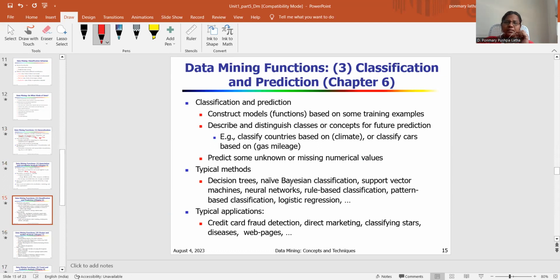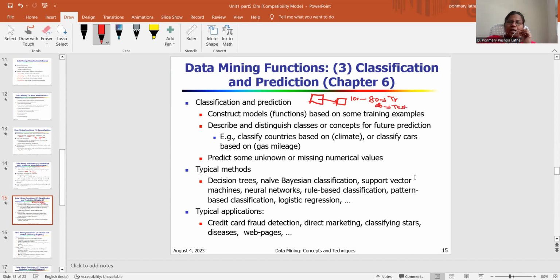The next one is classification. Classification is where you take a set of data and from it you predict something. For example, 100 is our data. In this, 80 we take as training data and 20 as test data.